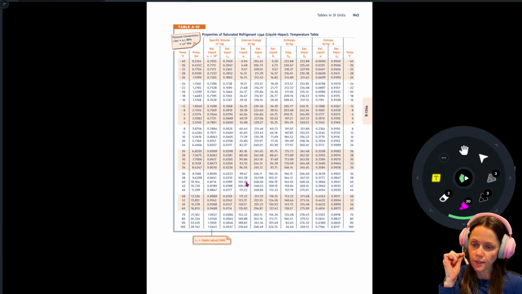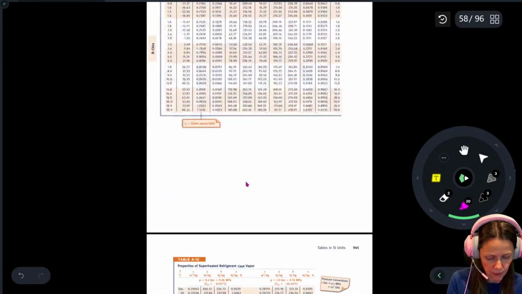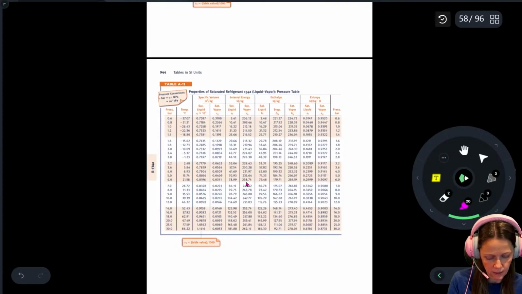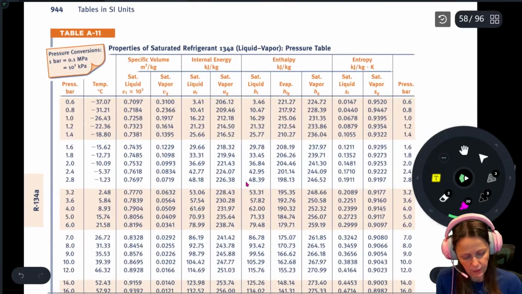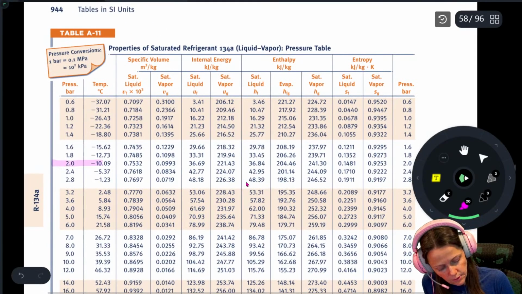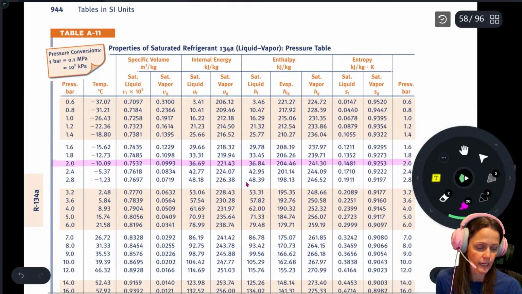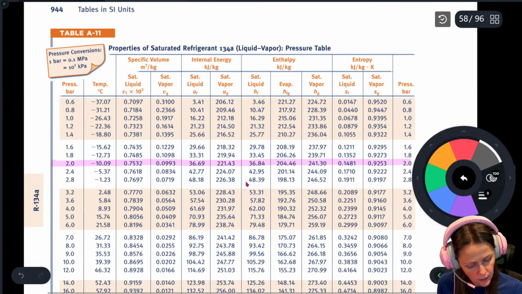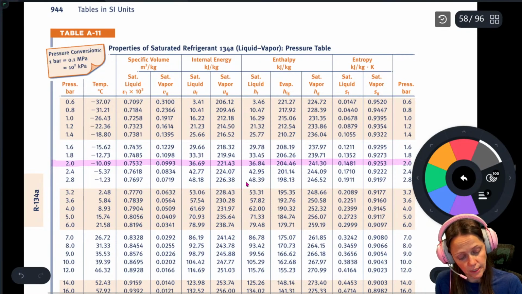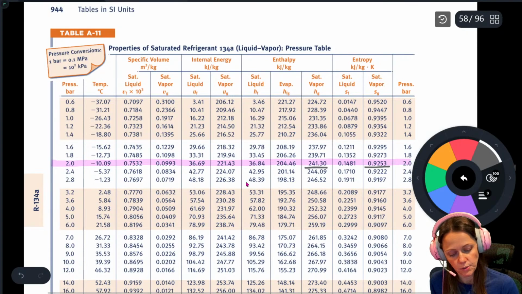So state one, we're at 2 bar, so I need to go to A-11. So 2 bar. And going into that compressor, you're going in as a saturated vapor. So there's your quality. There's your entropy. Go ahead and write that.